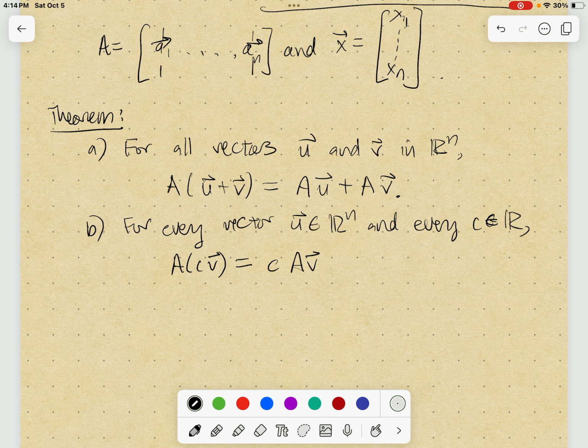So this is saying that if you have a vector, oh, I used u. Okay, I'll use u since I wrote u above. Fine, doesn't matter, whatever you call it.